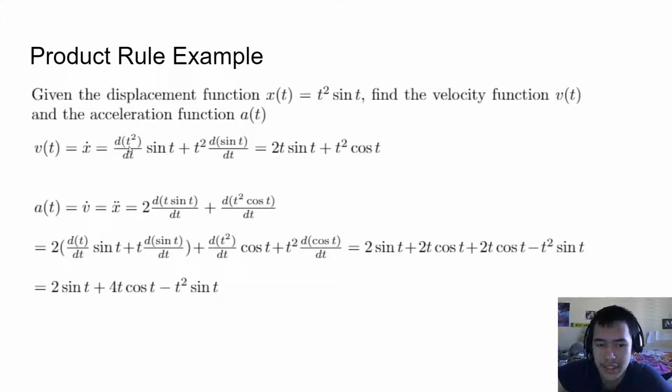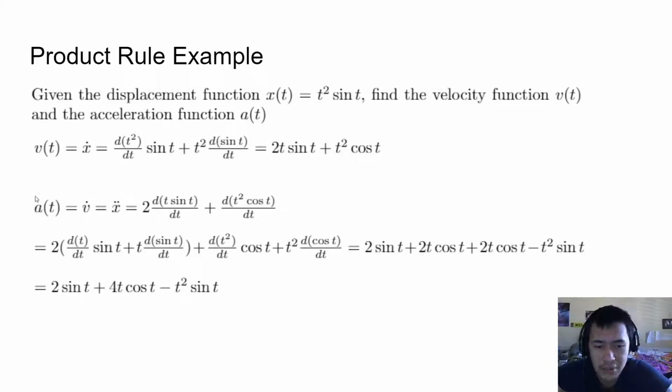So here we have d of t squared over dt times sine of t plus t squared times d over dt of sine t. When we evaluate it, that just gives us 2t sine t plus t squared cosine t, because the derivative of t squared is 2t, and the derivative of sine is cosine.